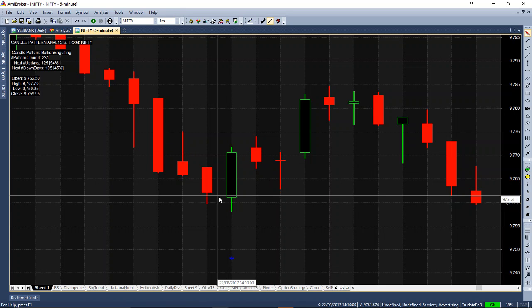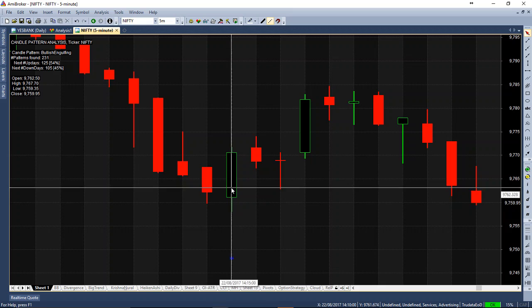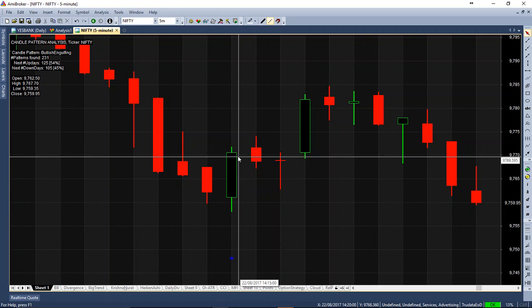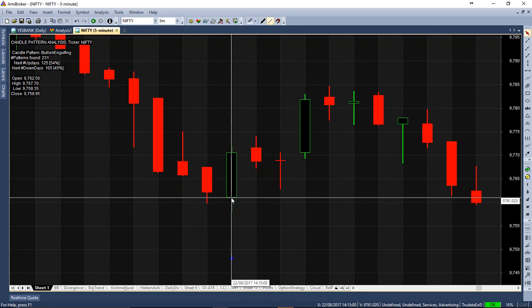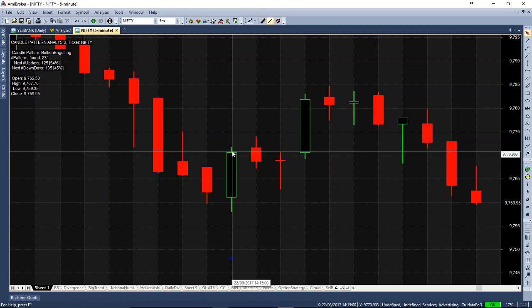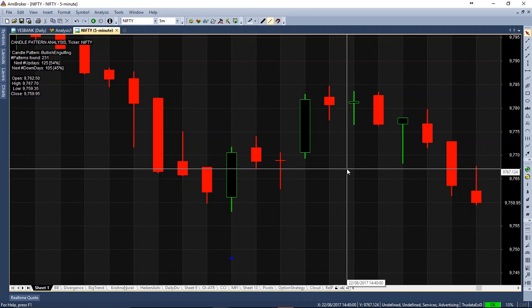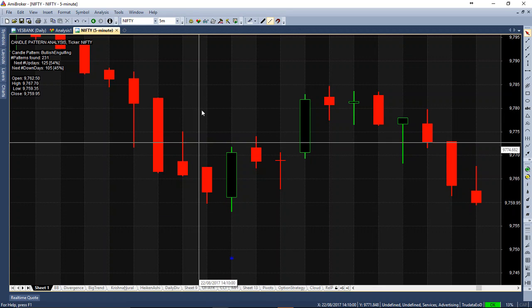So you are engulfing the previous candle, the body of the candle is engulfed. You have a lower open than the close of the previous day, and today's close is higher than the last day's open. This is the bullish engulfing pattern.